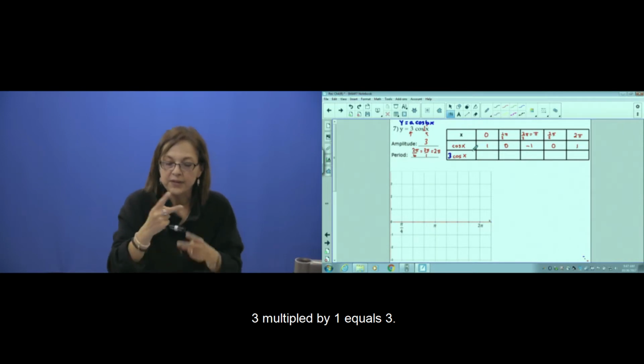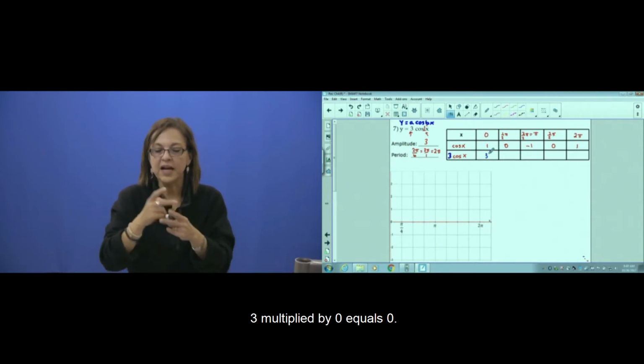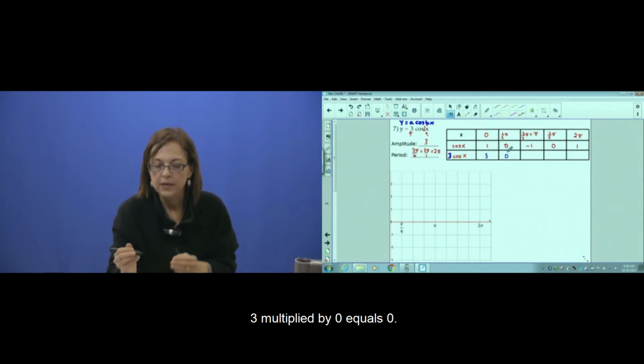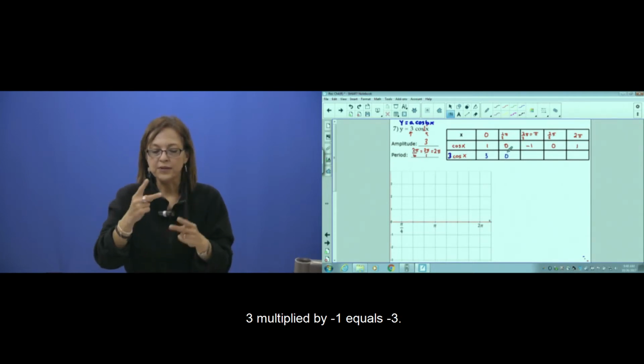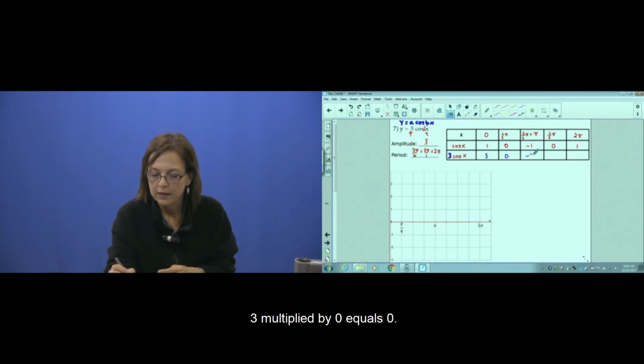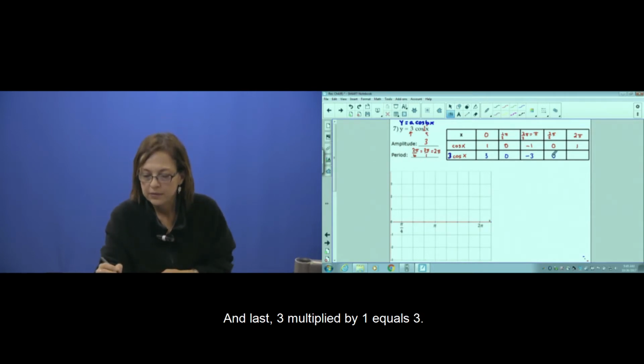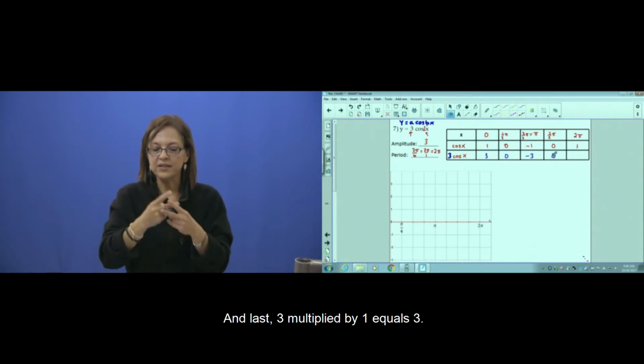Three times 1 equals 3. 3 times 0 equals 0. 3 times -1 equals -3. 3 times 0 equals 0. And the last, 3 times 1 equals 3.